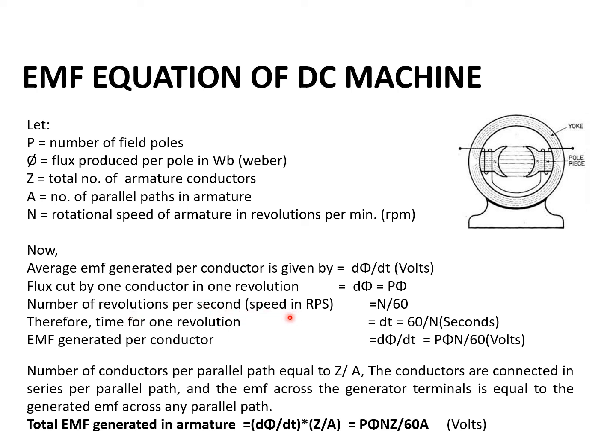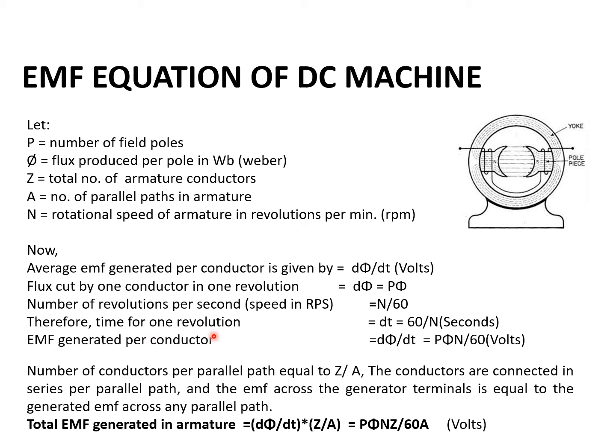We know the number of revolutions per second. N is the rotation speed of the armature in revolutions per minute. So N rotations take 1 minute, so 1 rotation takes 1 upon N minutes.